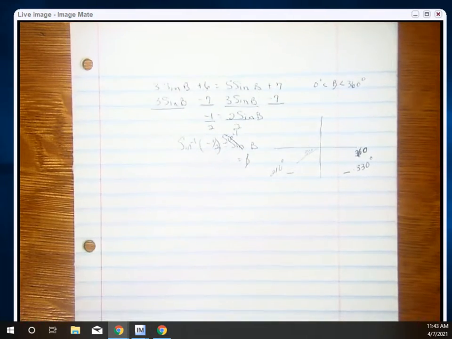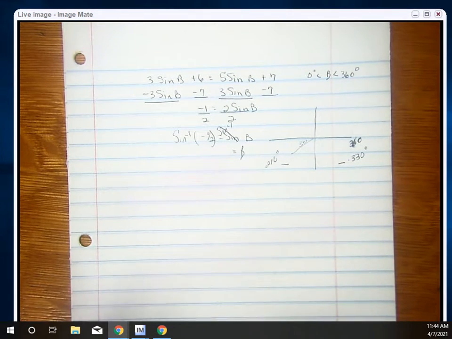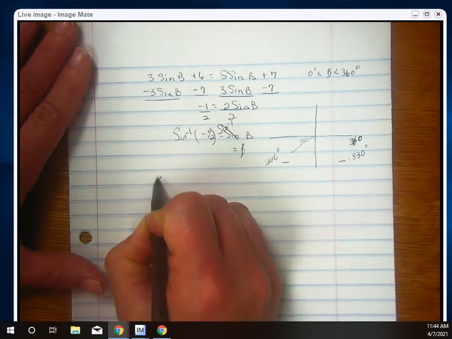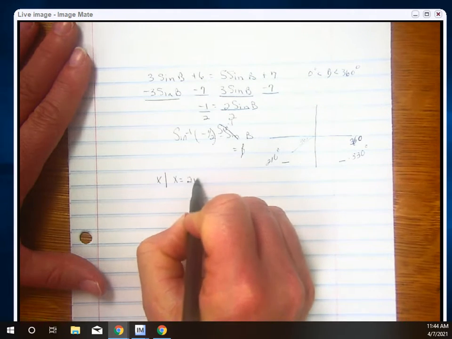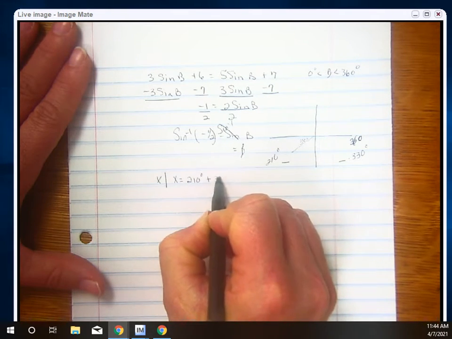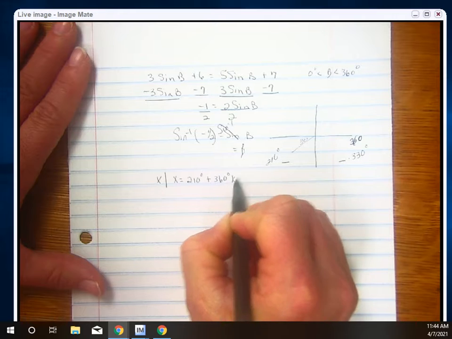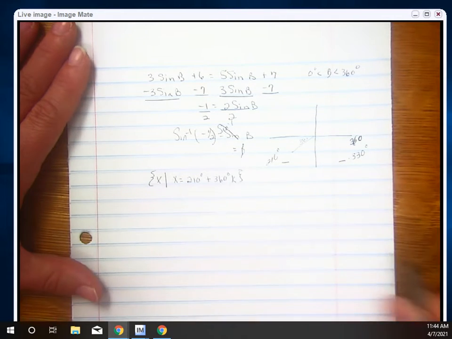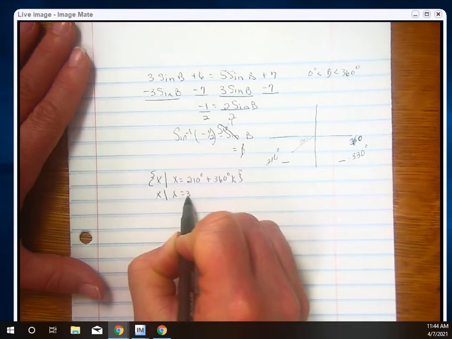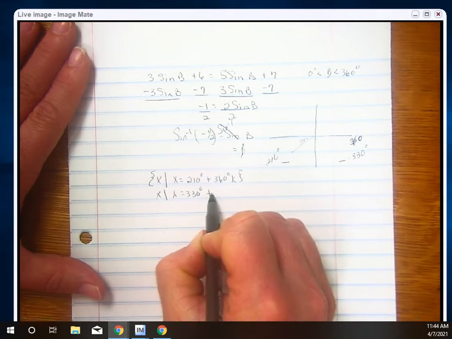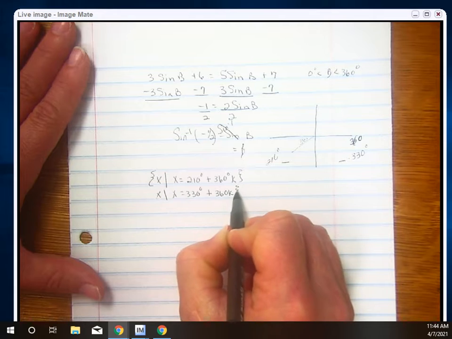So how do I want you to write the final answer? X such that X equals 210 degrees plus 360 degrees K, where K is an integer, or X such that X equals 330 degrees plus 360 K.